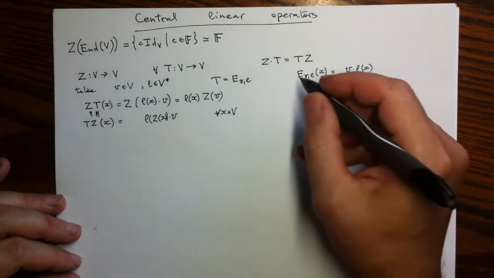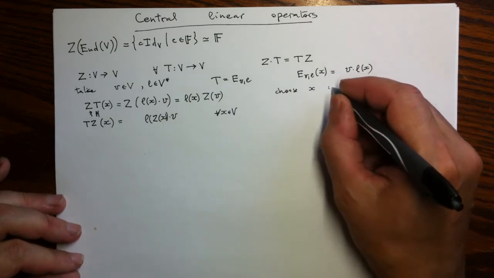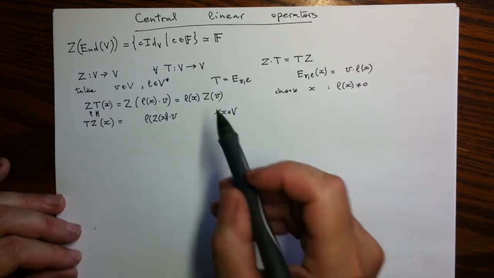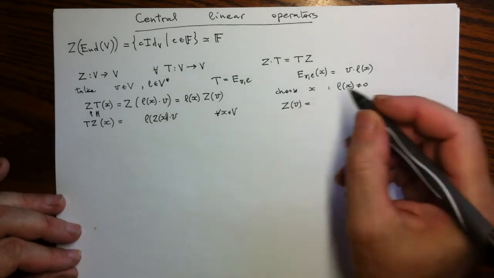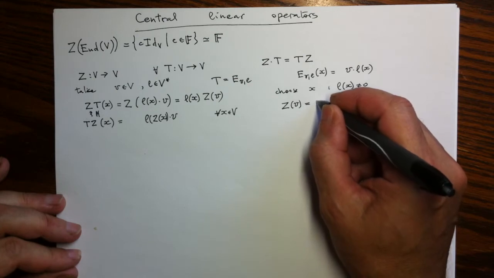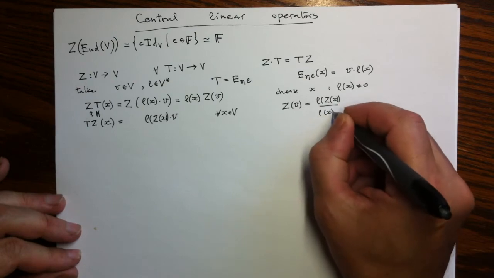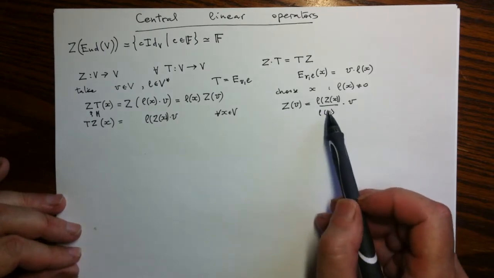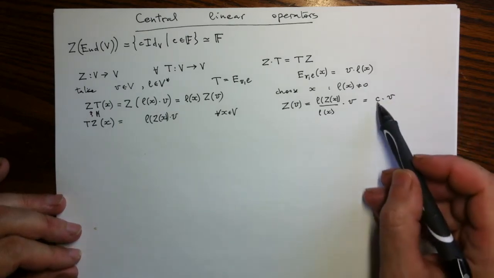And that means that I can choose x to be such that the value of L is non-zero. There are plenty of such. So that means that this is non-zero scalar, which I can cancel out, and then I will have the equation that my operator on the vector v is, I'll write two numbers as a ratio. So these are all numbers, and then times v again. So my operator scales the vector v with some coefficient.